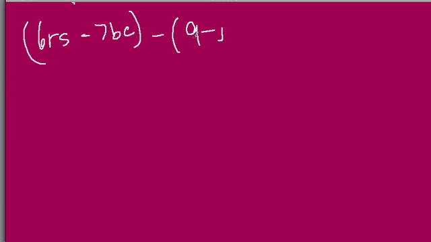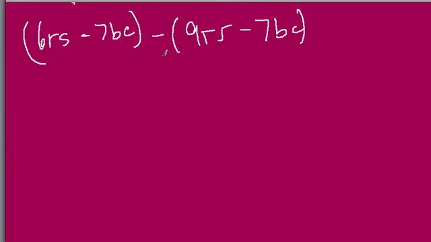We have in this problem right here, 6rs minus 7bc. And we're subtracting 9rs, minus 7bc from this original statement.